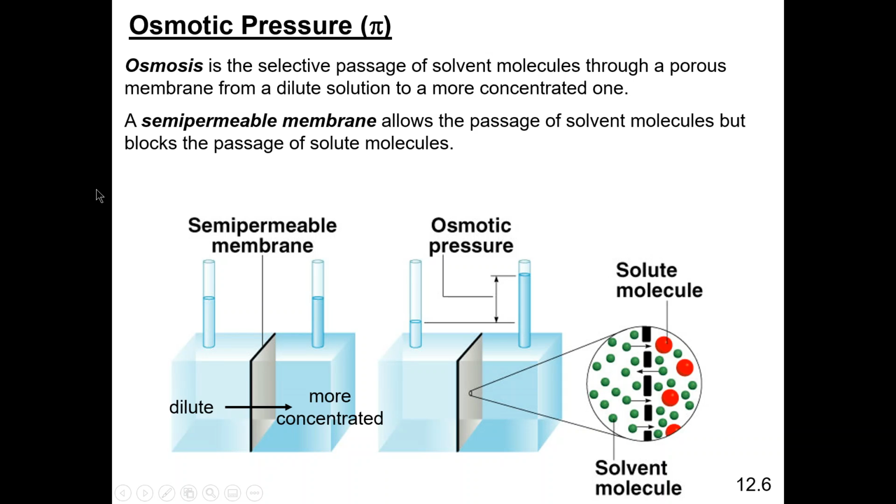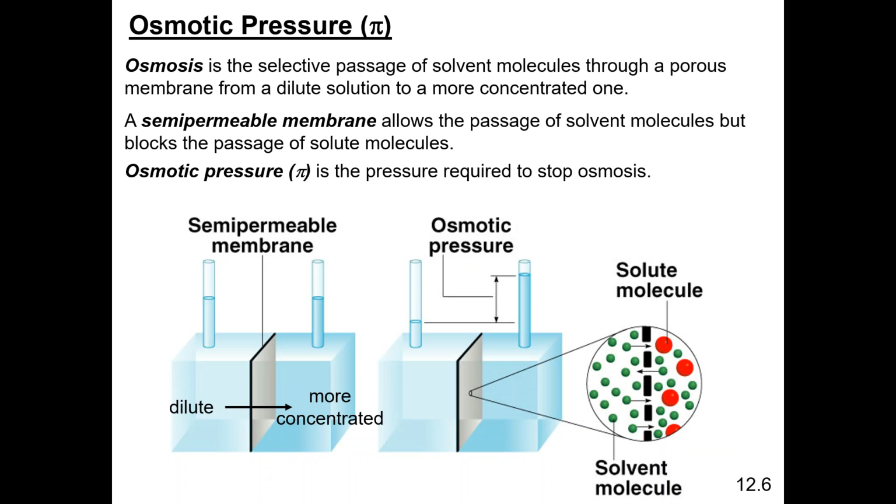So as we stated before, osmosis is where you have the solvent molecules passing through the membrane from the more dilute solution over here on the left to the more concentrated solution on the right, all right? And that will continue until both solutions reach a situation where they're both isotonic, which basically means that they have the same concentration. We're going to see that term again in a slide upcoming shortly.